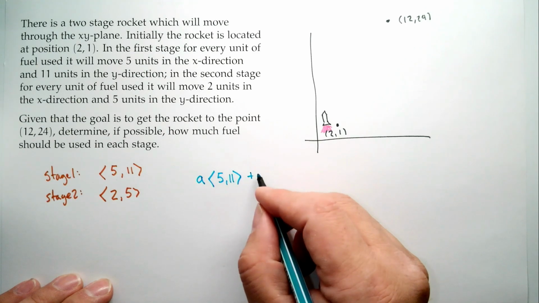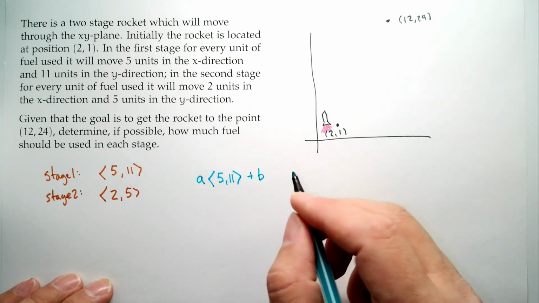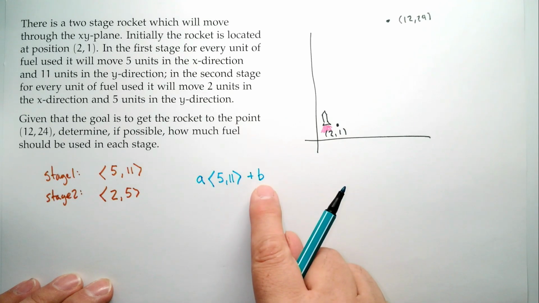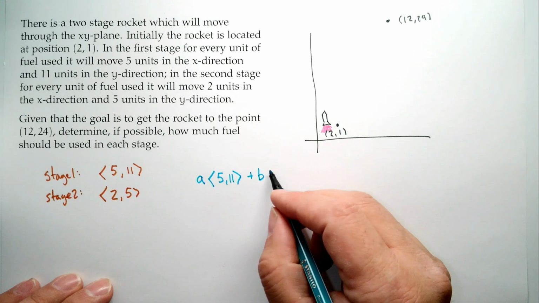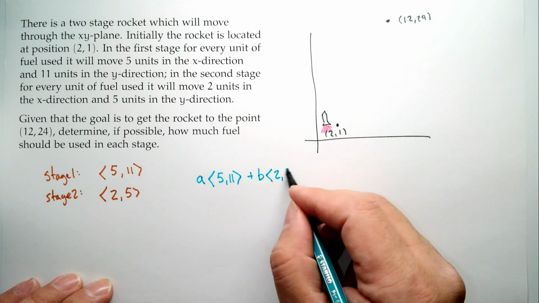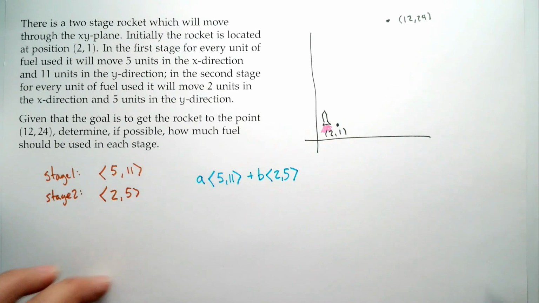Then we're going to say, okay, in stage 2, there's some other amount of fuel. I'll call that B. That's what we don't know. And that's going to be (2, 5). Now, this will now represent the total amount of change, how far or how much that rocket moves, under the assumption that we use A units of fuel in stage 1 and B units of fuel in stage 2.